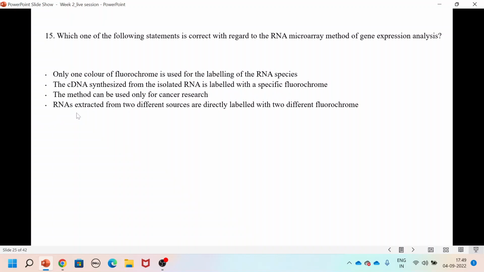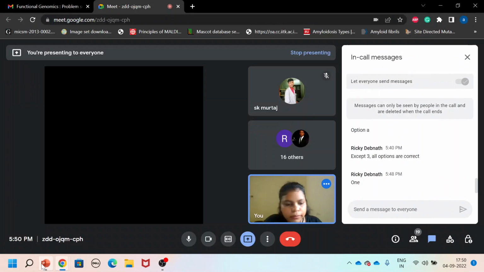And option D, RNAs extracted from two different sources are directly labeled with two different fluorochromes. So anyone who would like to answer this?